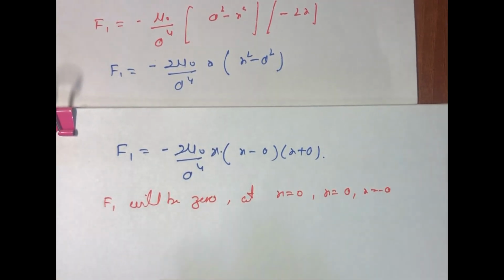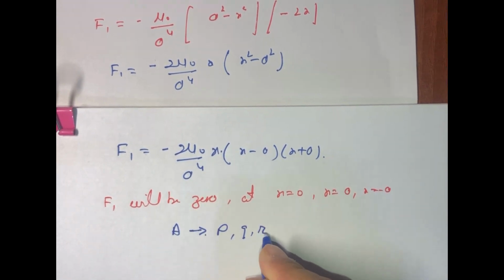So from here we can say that the initial correct option for A will be p, q and r.